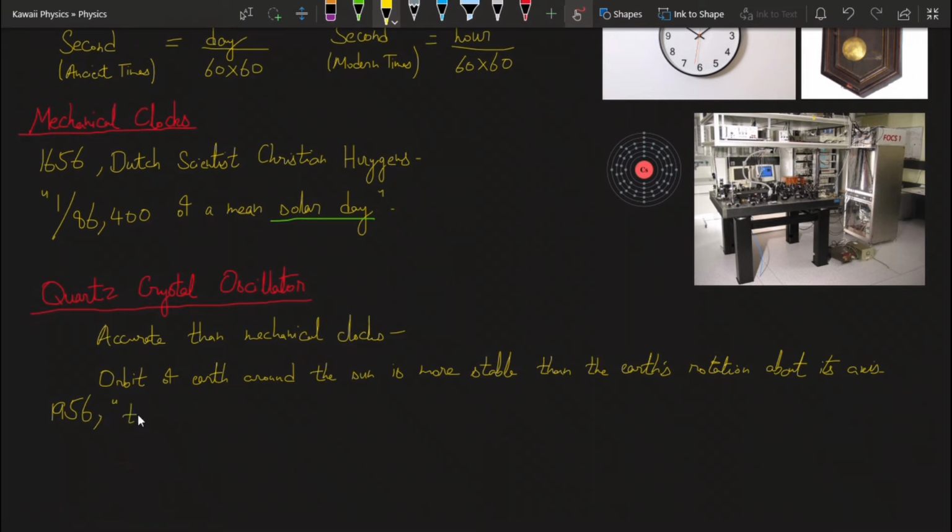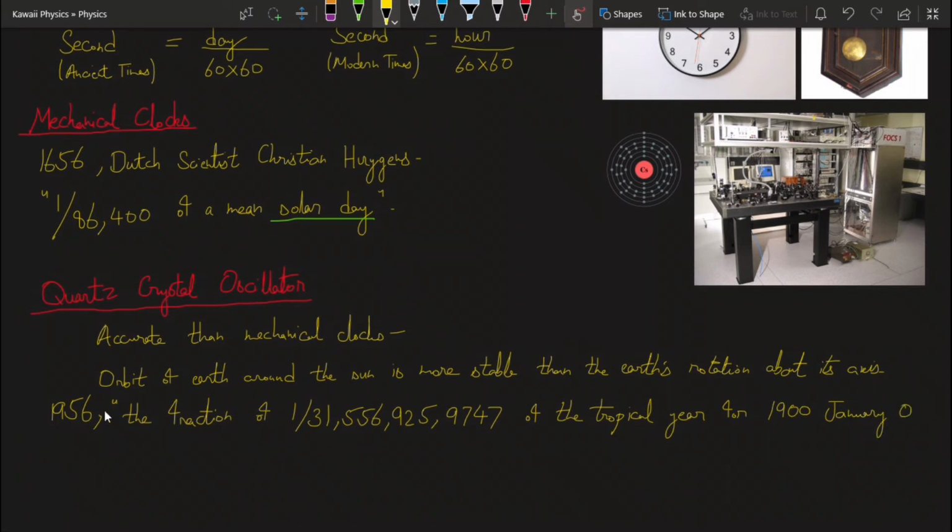The second was redefined as the fraction of 1 by, it's gonna be a huge number, so I'm just gonna say the numbers: 3155692599747 of the tropical year for 1900 January 0 at 12 hours ephemeris time.